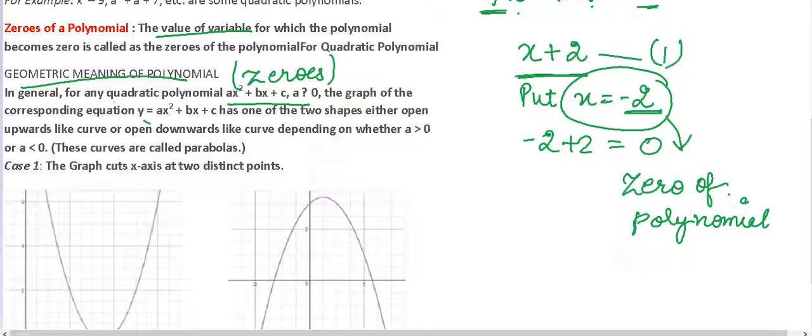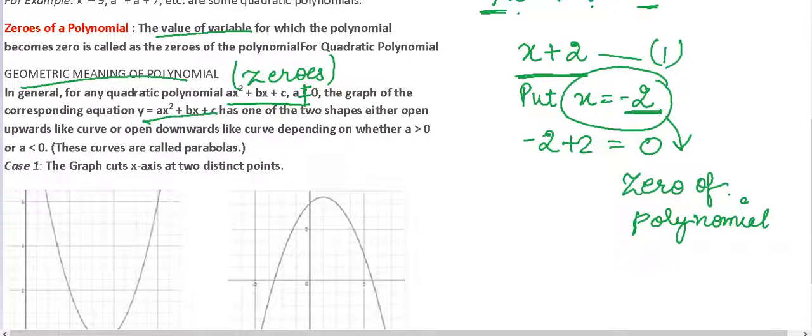In general, for any quadratic polynomial ax square plus bx plus c, where a is not equal to 0, consider the graph of the corresponding y.